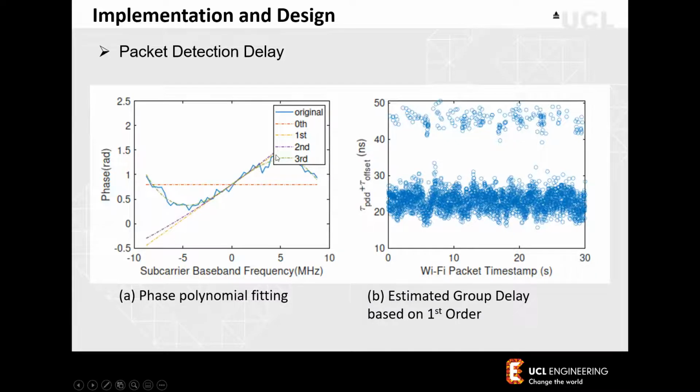This line we think is the best one to represent the subcarriers. Then we can see there are clearly two groups of delay. The major group over here is thought to be the correct delay, and these other delays are due to packet detection delay errors.